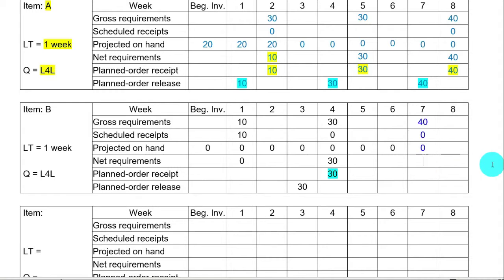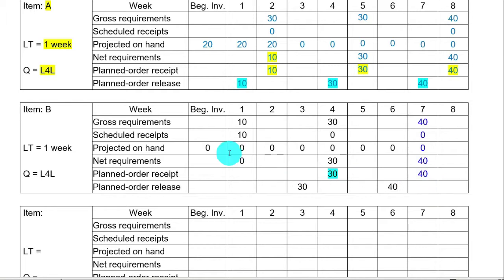So net requirement is 40. You need 40. You plan to receive 40 just in time. And you place an order in week 6 because lead time is 1 week. So since lot sizing strategy is lot for lot, you place an order for 40.